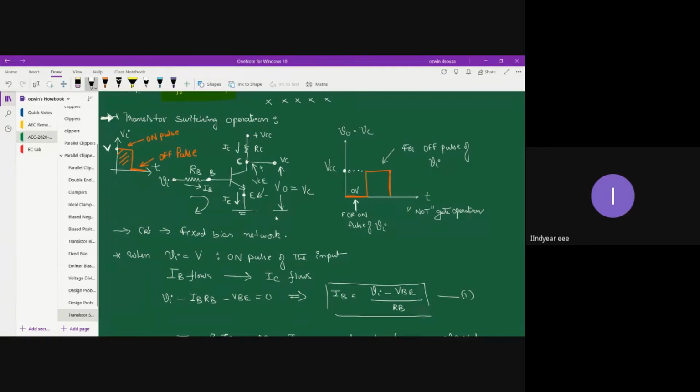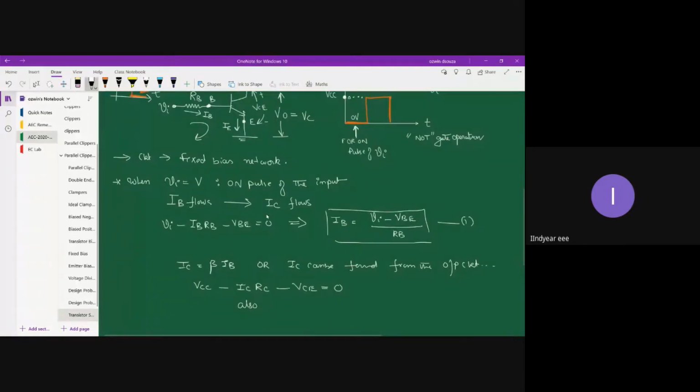Now if you observe closely, between collector and ground, what voltage is coming on the output side? Can anyone tell me quickly? V0 is VC, and VC is VCE plus VE.